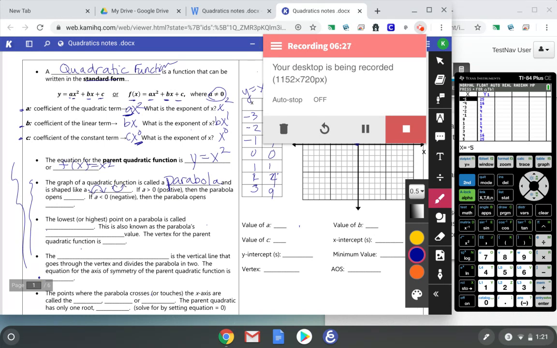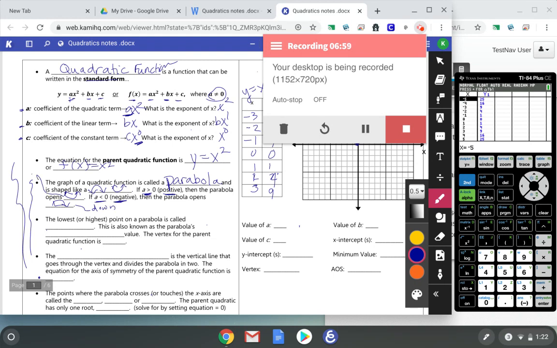And the thing that's going to indicate which way it goes is that a value, the number in front of that x squared term. If it's positive, then the parabola is always going to curve up. It's going to open up. Okay? If that a value is less than 0, or if it's a negative value, then it's always going to open down. So this is considered opening down.